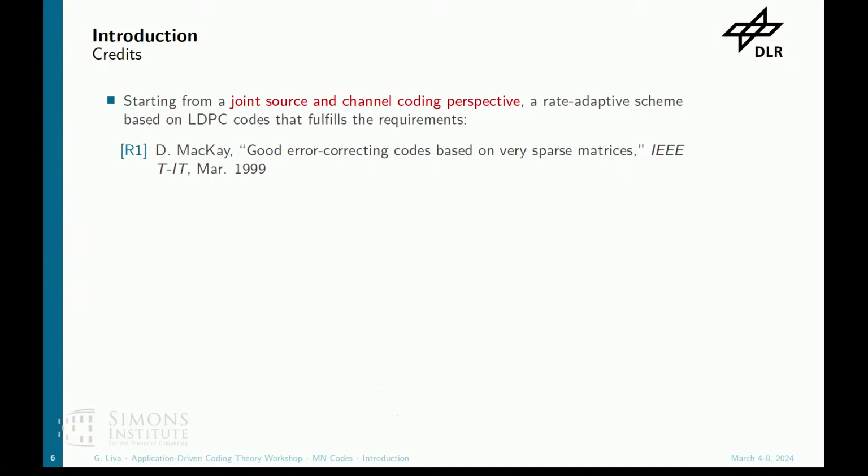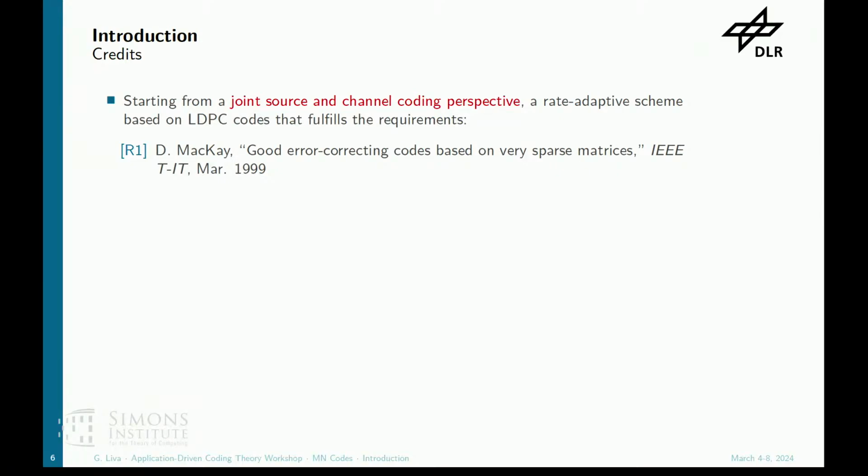Well, one possibility to address this problem is already indicated in the famous paper of Mackay about low-density parity-check codes. Starting more from a joint source and channel coding perspective, Mackay introduced a class of sparse graph codes that sometimes are referred to as Mackay-Neal codes.